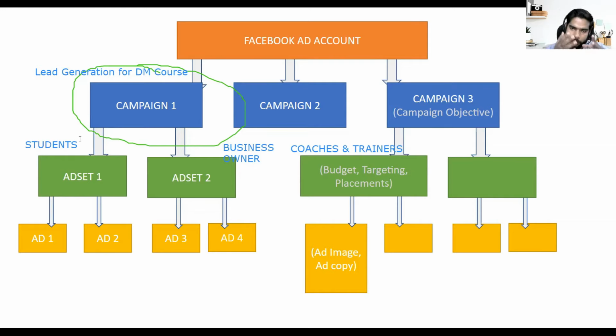So I need to make different ad sets, so that when I'm promoting for students, it goes just to students. If I'm promoting for business owners, it goes to business owners. Similarly for coaches, it will be a different set of ads, right?